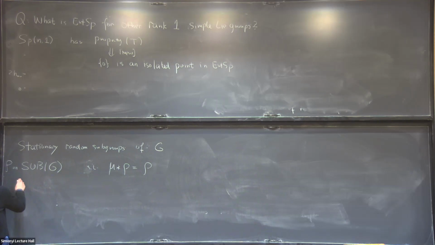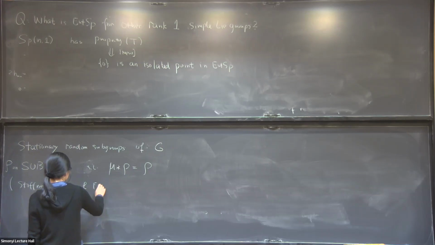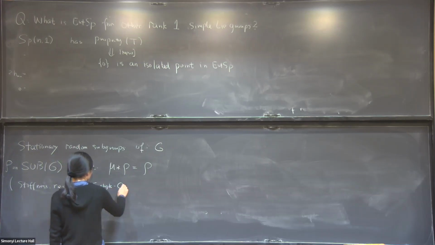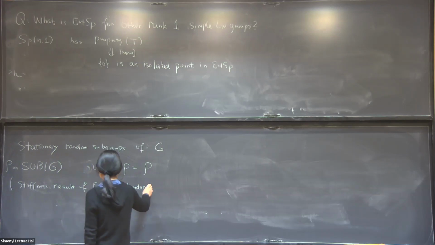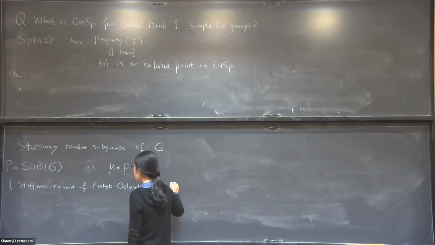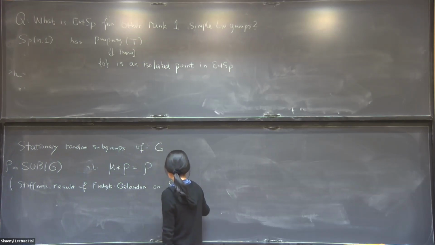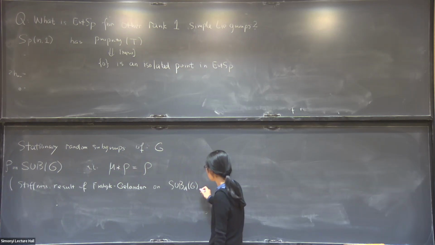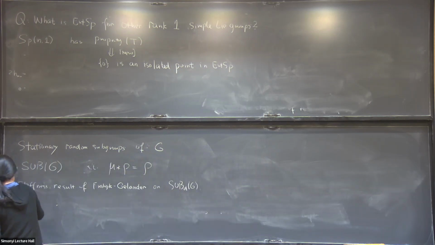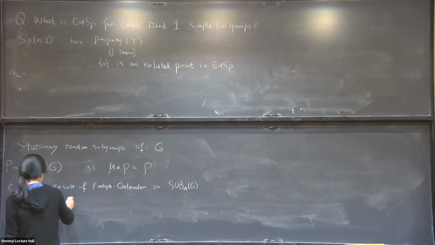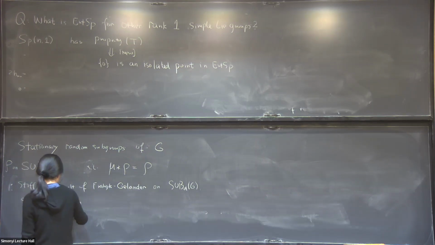And then, if you consider discrete ones, there is a stiffness result of Rajik and Galender that tells you that discrete stationary subgroups are actually invariant measures.